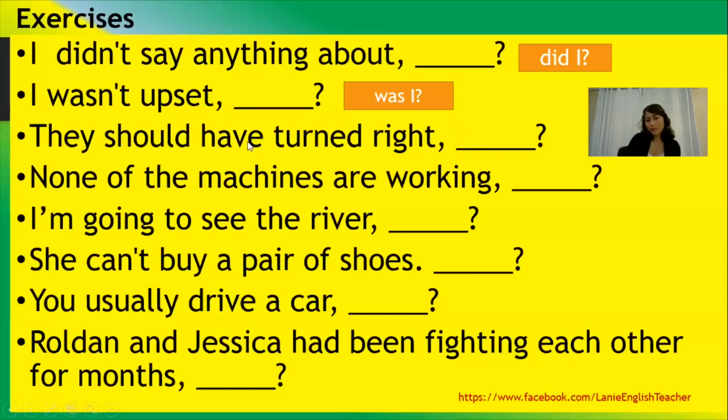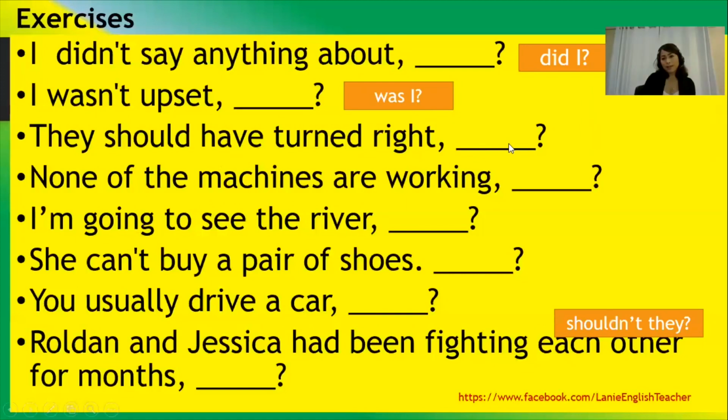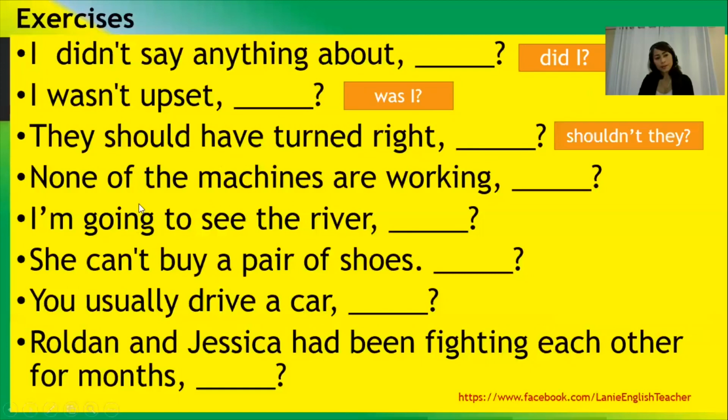Next, they should have turned right. So a modal auxiliary verb is used here, which is should, positive. So your tag should be negative and it becomes shouldn't they? And then number 4, take note, the subject is none here.